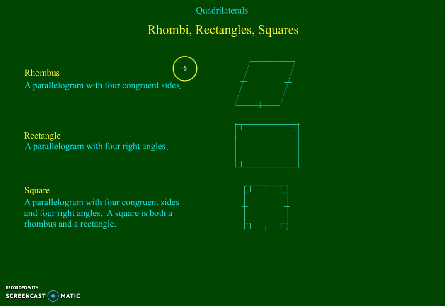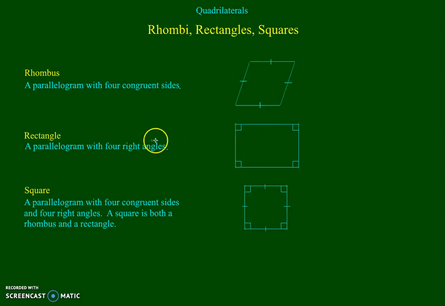All right. A rhombus is a parallelogram with four congruent sides. So it inherits all the properties of a parallelogram, that of bisecting diagonals, opposite congruent angles, and you can see here these also have opposite congruent sides. So all the properties that we've talked about regarding parallelograms exist in a rhombus.